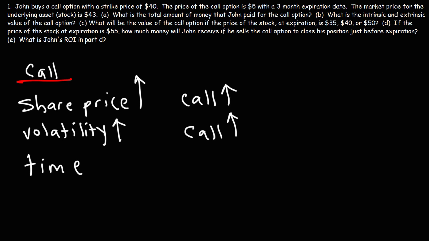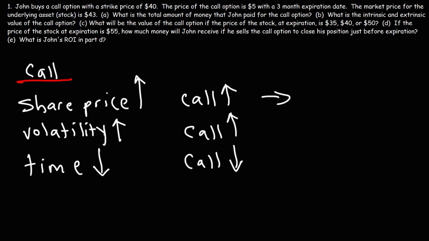And the last thing to consider is the time to expiration. Every call option and every put option expires at some point in the future. As the time to expiration decreases, the value of the call option goes down. Now, this is known as time decay, and time decay only affects the extrinsic value of the call option, not the intrinsic value.